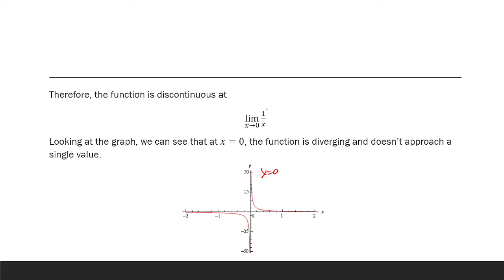In this case, the value of x at which gagawin niyang 0 yung denominator is also at 0. So that is why the point at which magdadiverge yung ating function or ating graph is at x is equal to 0. So this is the point at which hindi siya continuous.